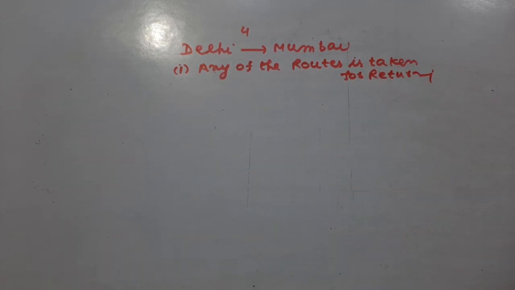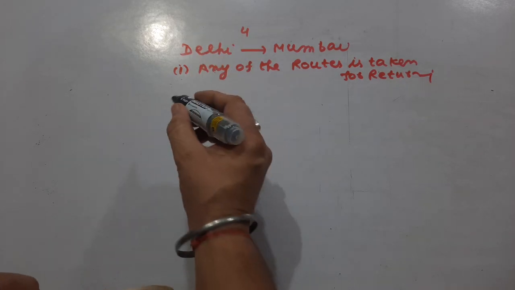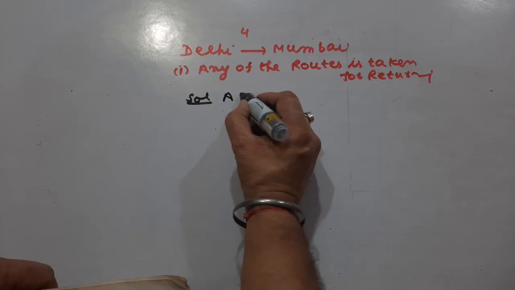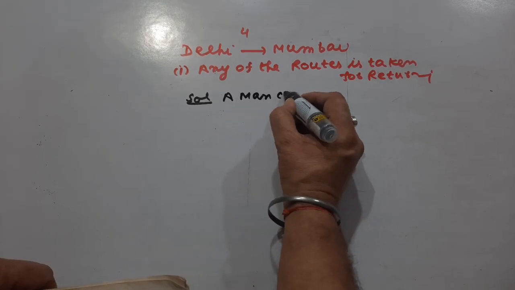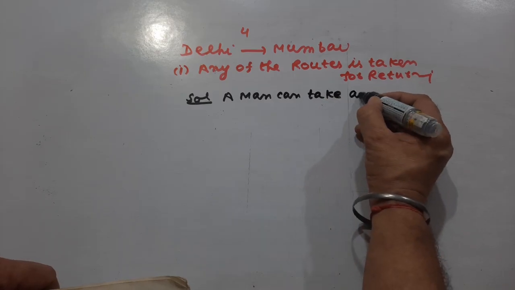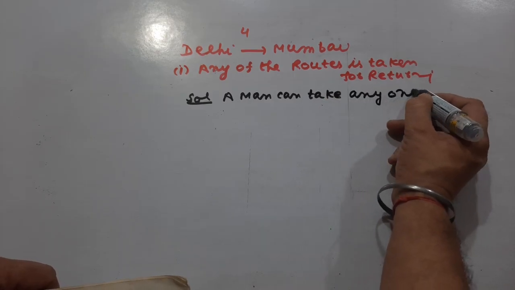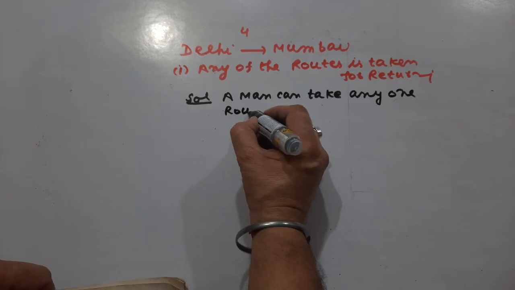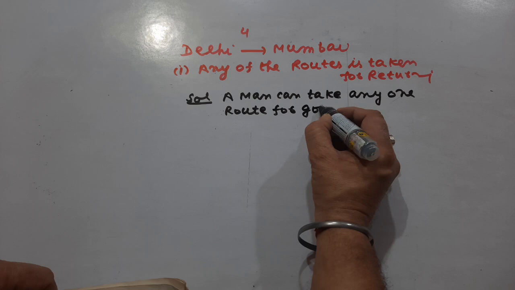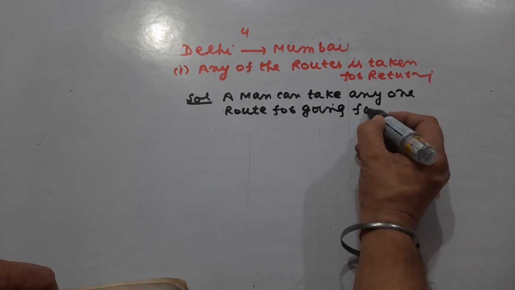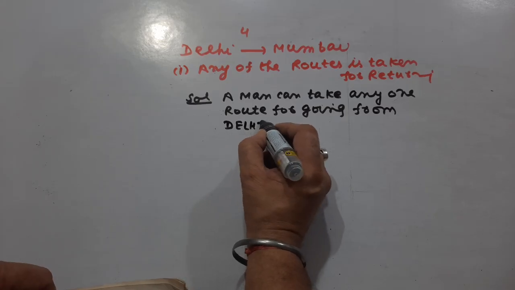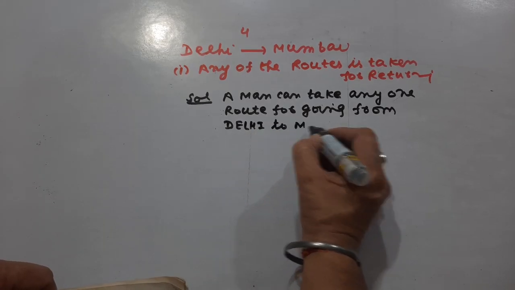So now see, so what we write, solution is a man can take any one route for going from Delhi to Mumbai.